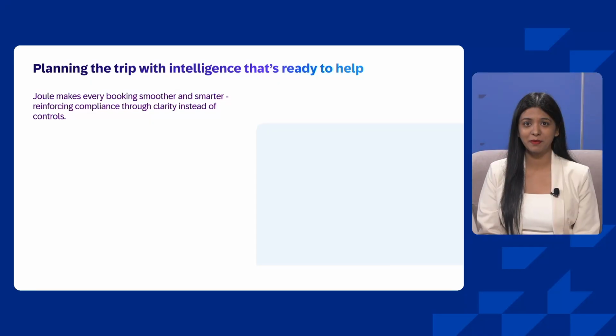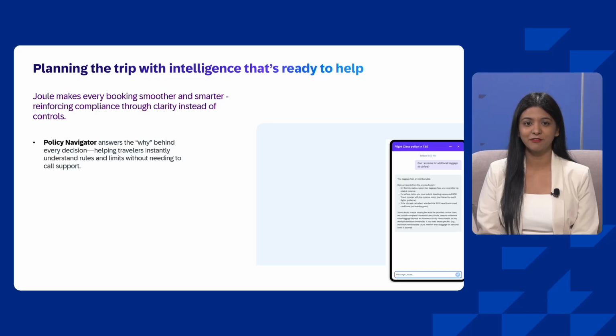With Joule, we are embedding intelligence directly into the flow of work, not as an afterthought, not as a chatbot on the side, but where work happens, so the whole journey feels effortless and seamless. Let's look at how we are embedding intelligence into the flow of work in the travel planning stage.